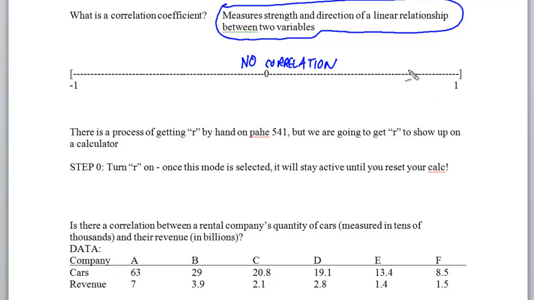Now, if you had a very strong correlation, then your correlation coefficient would be a very high percentage, 80%, 90%, 95%. So this is what we call a strong positive correlation.